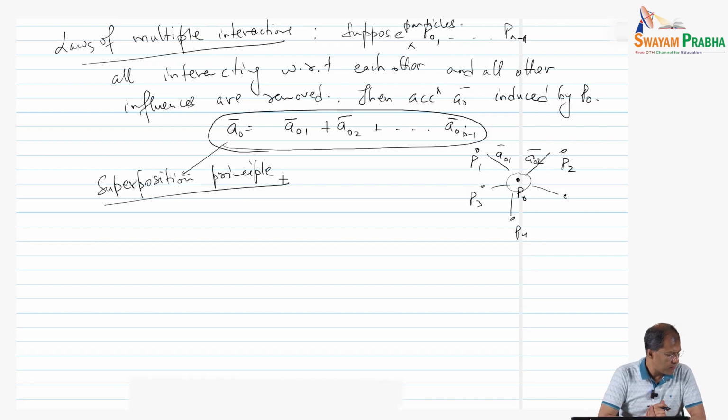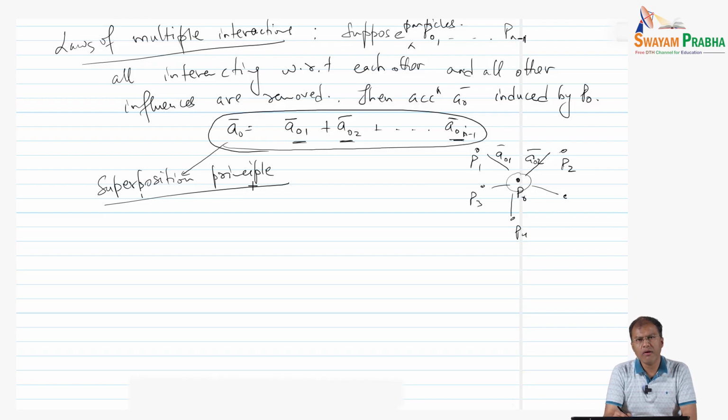Superposition principle, which says that if we have multiple particles available in a given setting and they are all interacting with each other, then the net motion or the net acceleration is as if we can individually find out the acceleration due to two different particles, assuming that the other particles are absent, and sum up individually all these contributions, right?